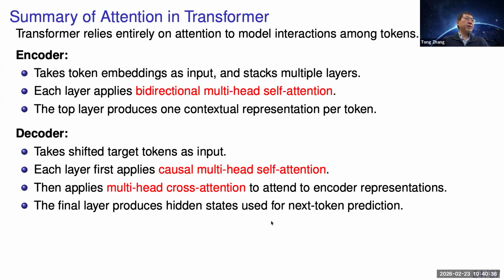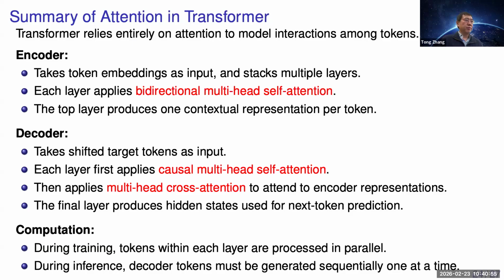And the final layer, then you just use it to predict the next token. So this is your final representation, and that representation will be used for your next token prediction. Then you generate the logits, and these logits are decoded with the max softmax to be your token. Right. And for the computation, remember, you need to parallelize them, because token-wise interaction is attention.